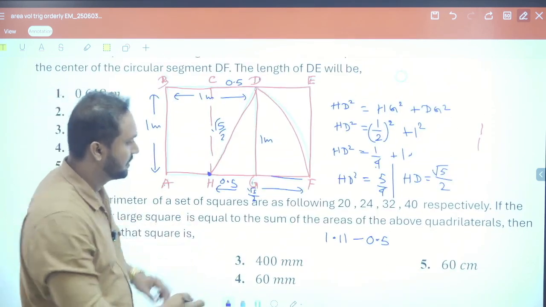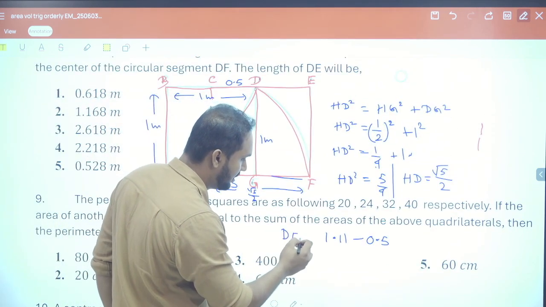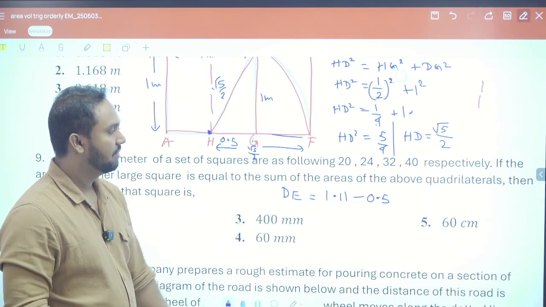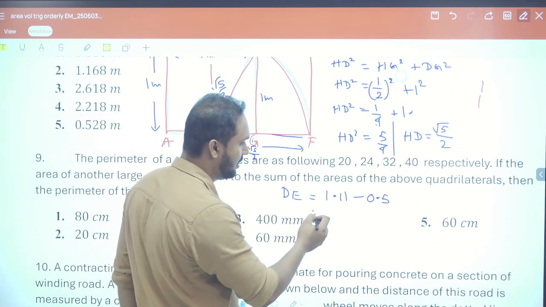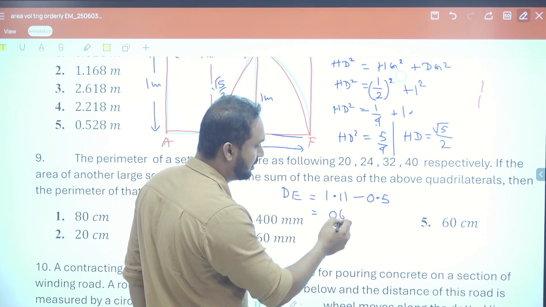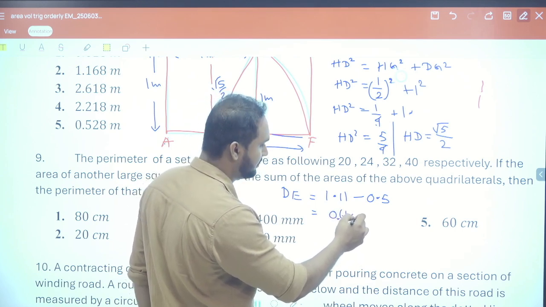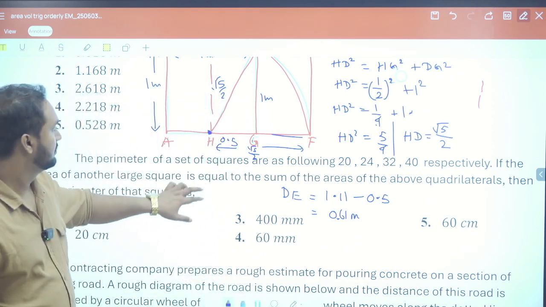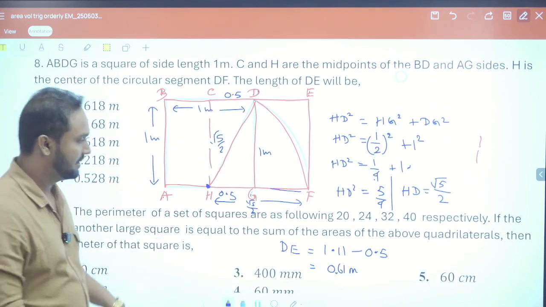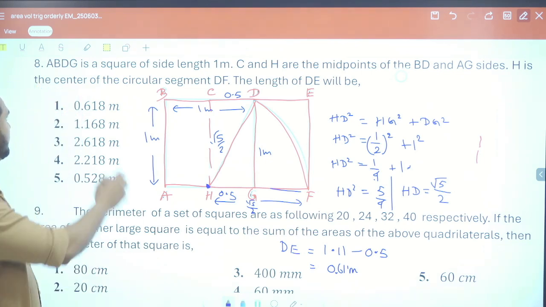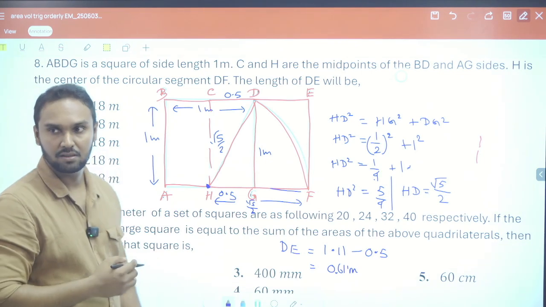So DE equals 1.11 minus 0.5. How much do you get? 0.61. It's in meters, right? Yeah, meters. 0.618. First answer.